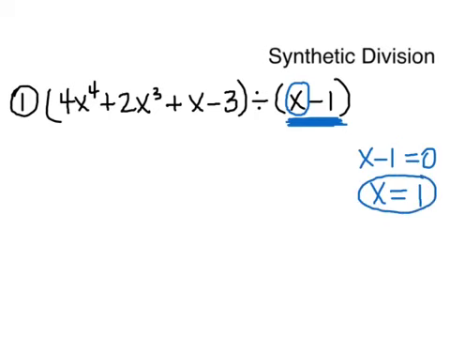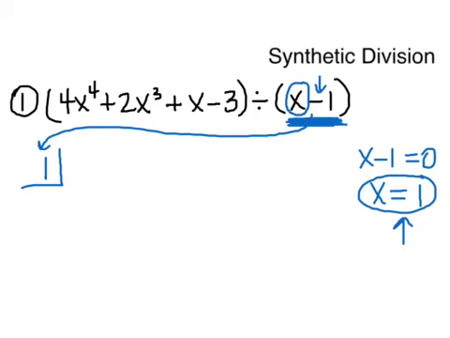When it looks like negative 1 as a factor, it looks like positive 1 as a 0 of the function, or as an x-intercept of the function. And because of that opposite thing that happens, we're always going to put what we call the 0 in there, and that's the thing that would make the binomial equal to 0. So just always put the opposite of whatever you see there in this little box.